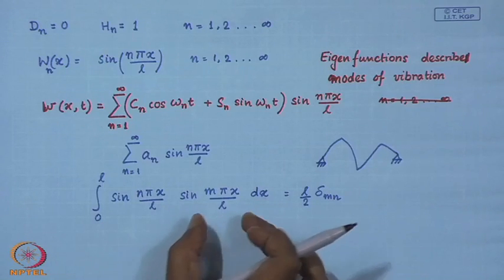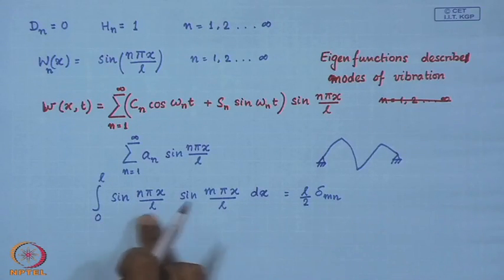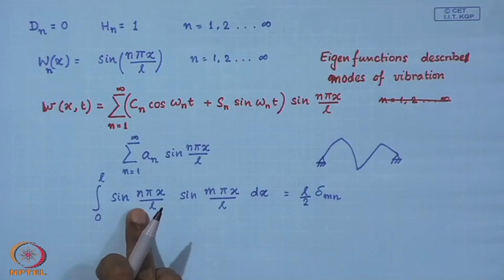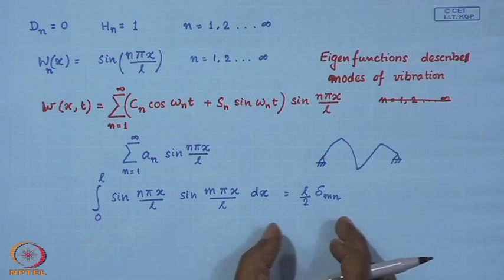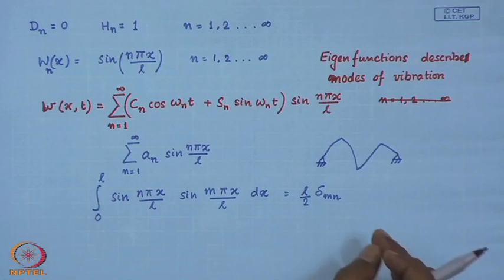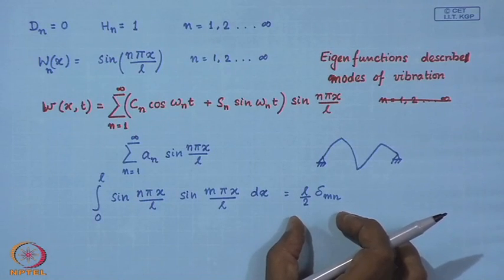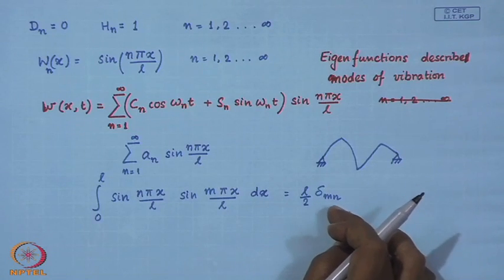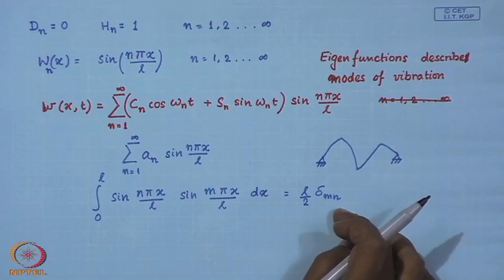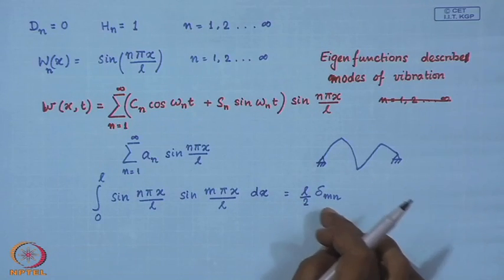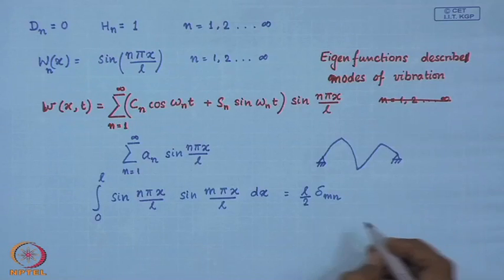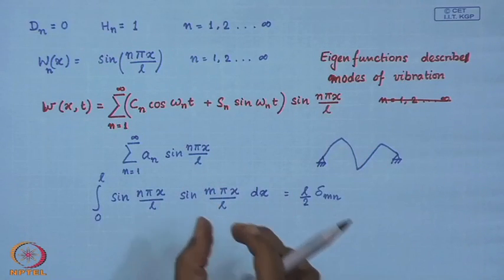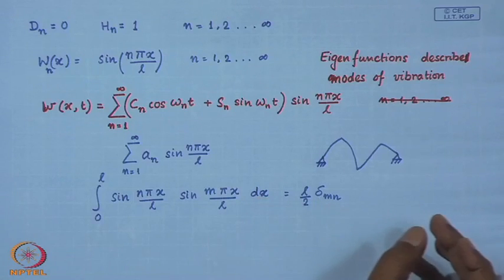So, if you take any two eigen functions with different index n and m, multiply them and integrate from 0 to L, the length of the string, then it is L over 2 the Kronecker delta m n. So, which means if m is not equal to n, this is 0, if m equal to n, this is L by 2. So, these are orthogonal. So, sine pi x over L is orthogonal to sine 2 pi x over L, etc.